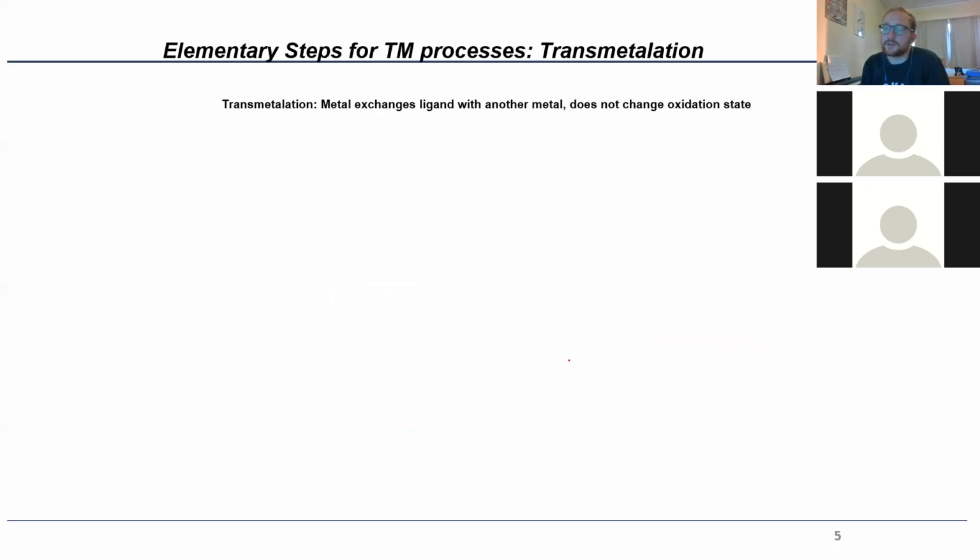Transmetallation is the next of the elementary steps. It is the exchange of a ligand from one metal to another, and it does not change oxidation state. This is a redox neutral step.